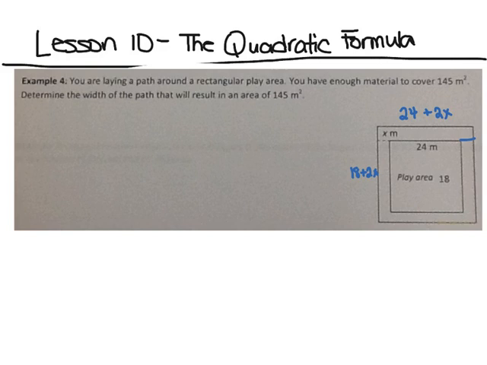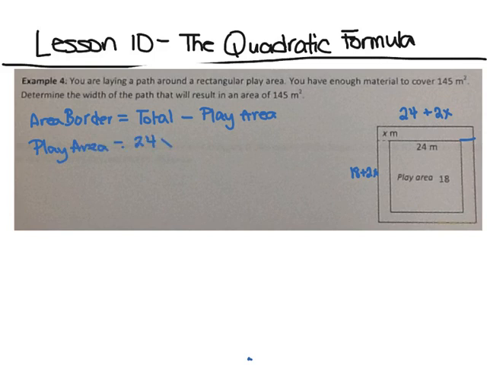So to find the area of the border, we would take the entire area, the total area, minus that middle play area. So let's find the middle play area first. We know that it has a dimension of 24 times 18, so 432.